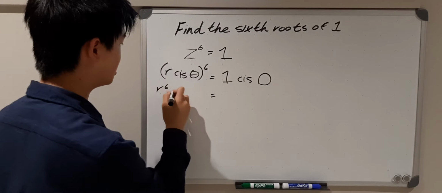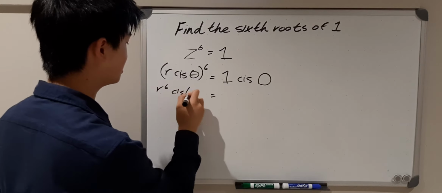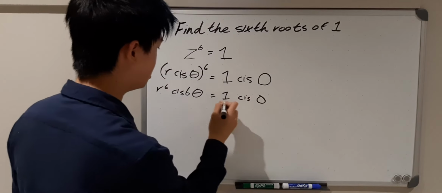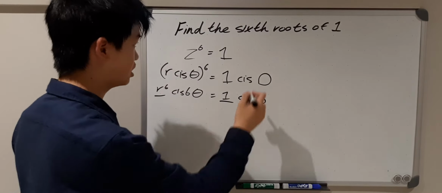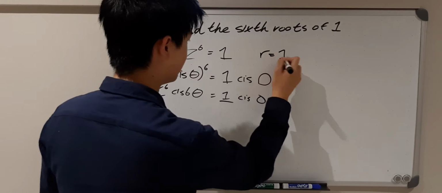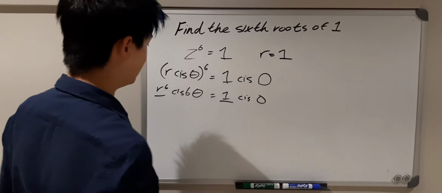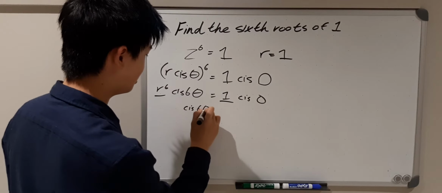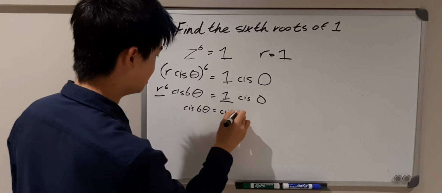So r to the power of 6 cis 6 theta is equal to 1 cis 0. So we know that r to the power of 6 is 1, so r is equal to 1. Okay, so now we have cis 6 theta is equal to cis 0.